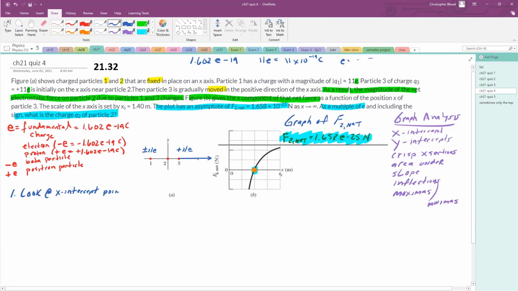So I'm going to just say at that intercept point, the net force on particle 2 equals 0. So then, that makes me think, aha, F2 net equals the force on 2 from 1 vectorially plus the force on 2 from 3.